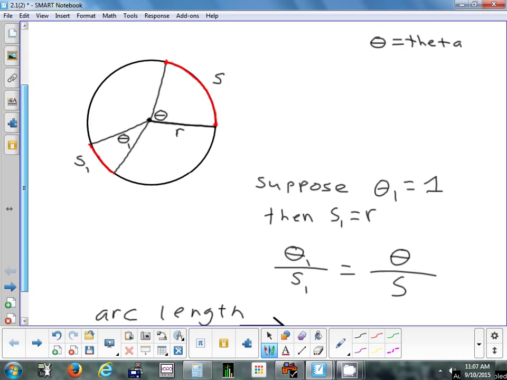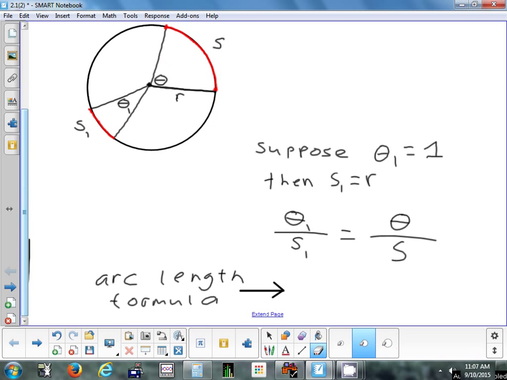So theta 1 compared to S1 is exactly the same as theta compared to S. The reason we can do that is because we said they're directly proportional. Make the angle bigger, you make the arc bigger. Make the angle smaller, make the arc smaller. If that wasn't true, we couldn't do this right here. So that's a proportion. And now let's fill in. In place of theta 1, get rid of this.